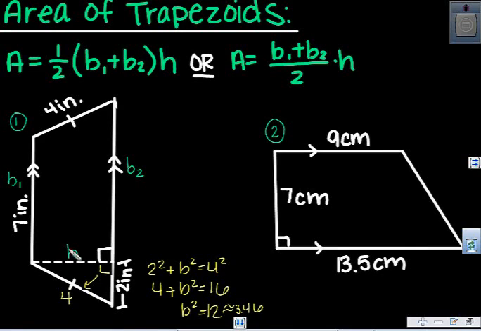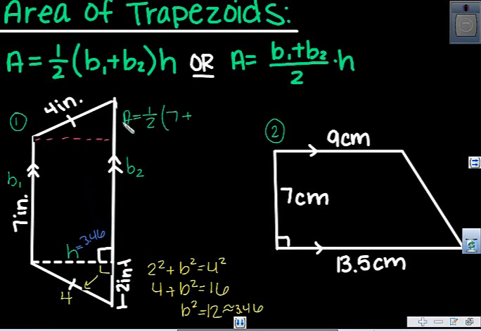So in our formula, this is approximately 3.46. So 1/2. Now my two bases were 7. The full length of this base was not given, but since this is isosceles, you can see that this height would be the same here.